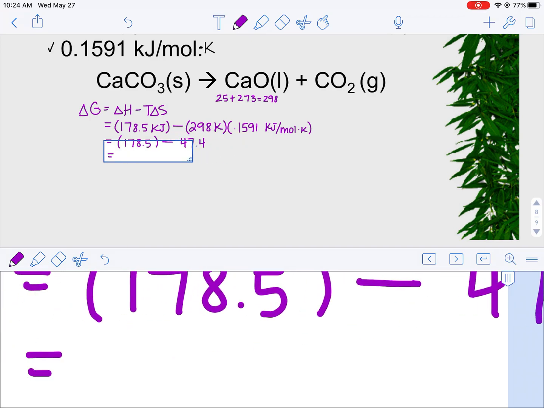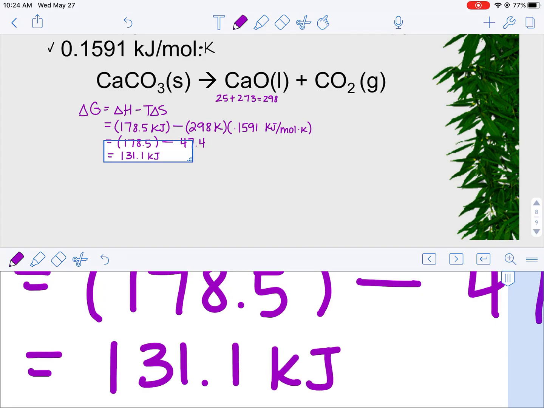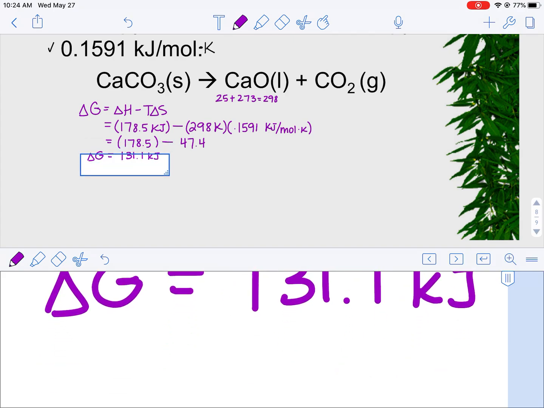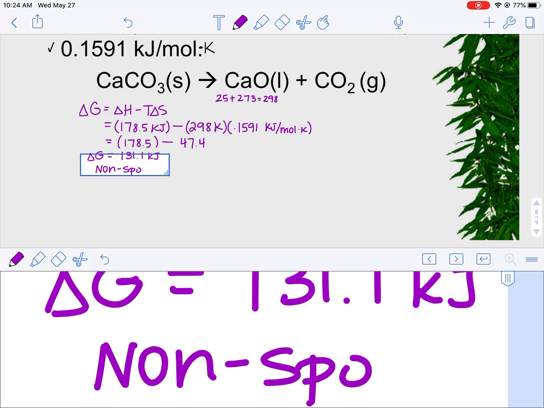And now, doing our final subtraction, 178.5 minus 47.4, we get 131.1 kilojoules for our delta G. Is this spontaneous? Well, because it's positive, nope. It is a non-spontaneous reaction.